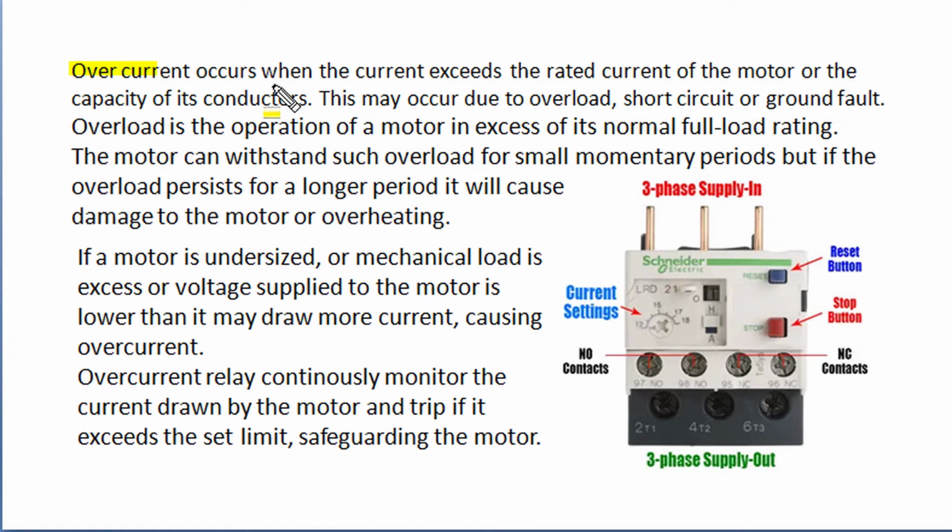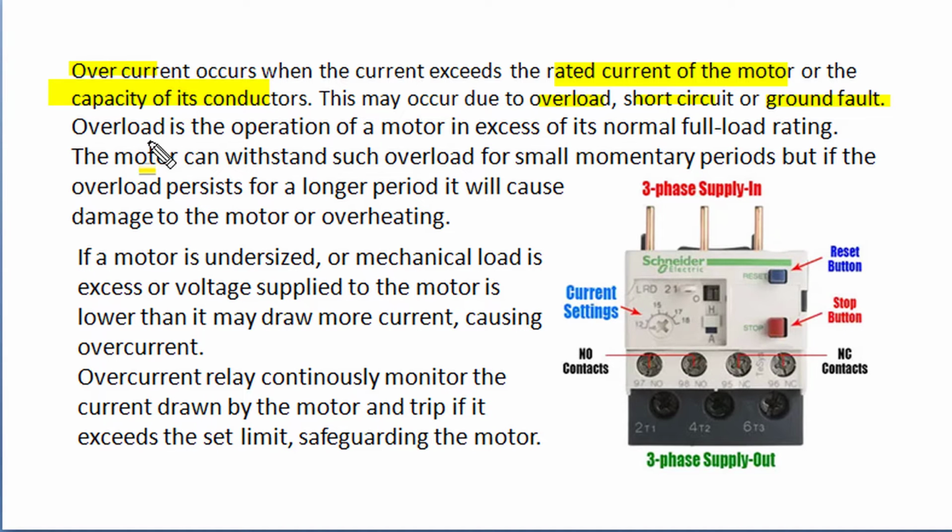Overcurrent in motor operation occurs when current exceeds the rated current specification of the motor or the ampere capacity of the motor winding conductor. Such overcurrents may occur due to overloading or faults like short circuit or earth fault. Overload is the operation of a motor where it draws current in excess of its normal full load rating.